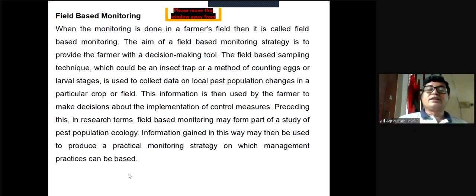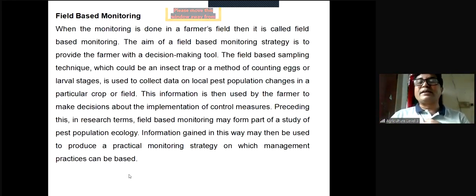So in research terms, field-based monitoring may form part of a study of pest population ecology. All the information regarding the pest is possible to know by field-based monitoring. But the very interesting thing is that when farmers execute the information, say one particular method of pest control, they will also learn by doing.